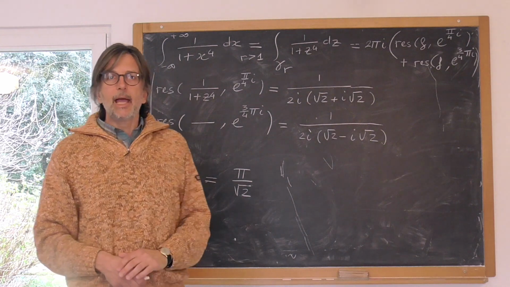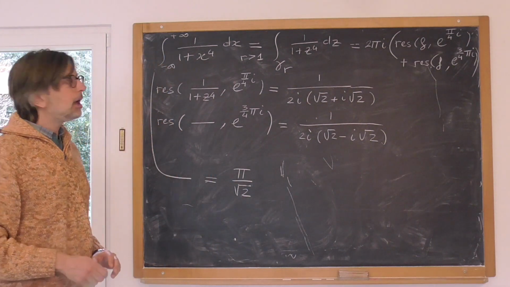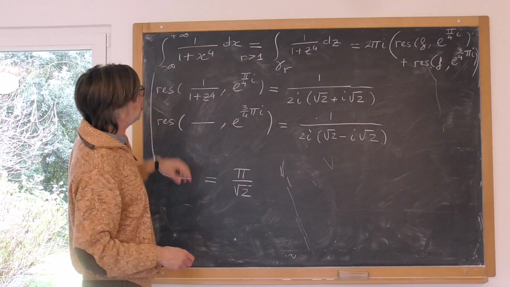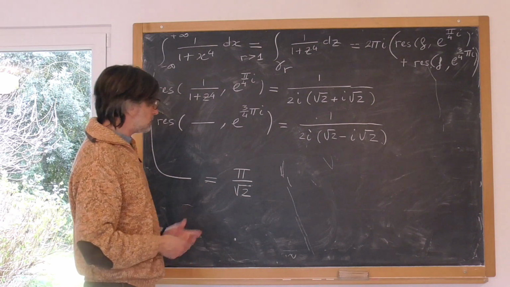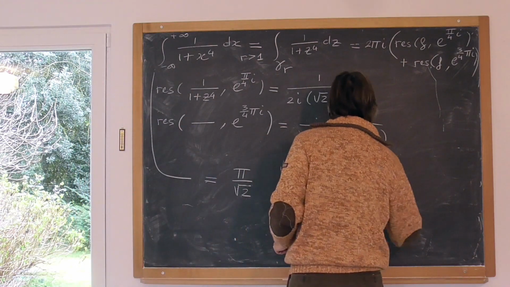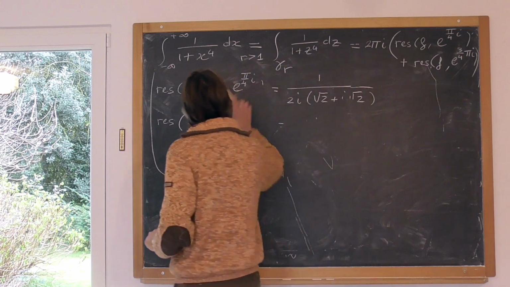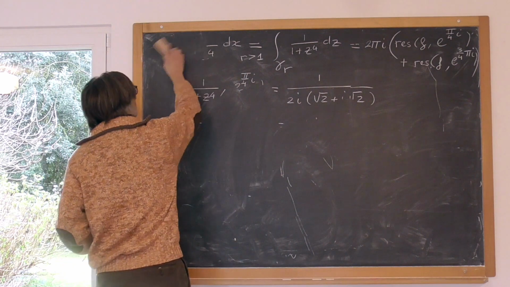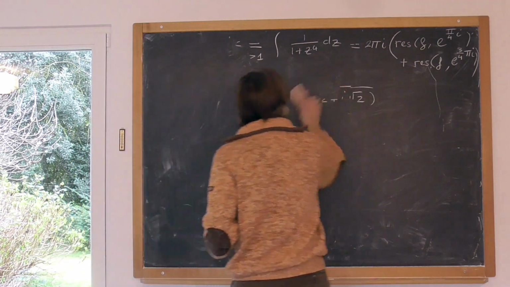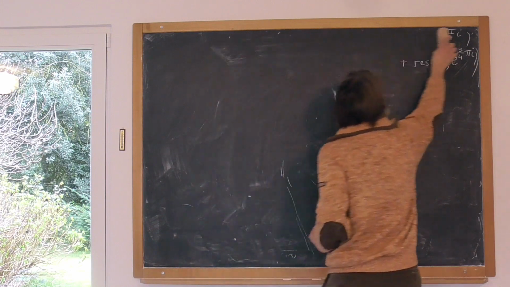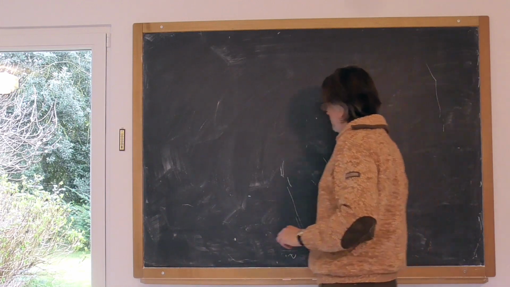Okay, and again, this example was a special case of a general class of integrals, and we will call this general class of integrals type 2. So what is type 2?